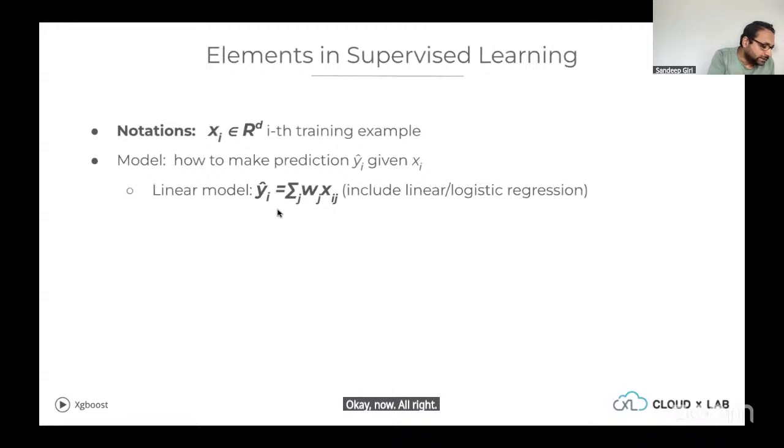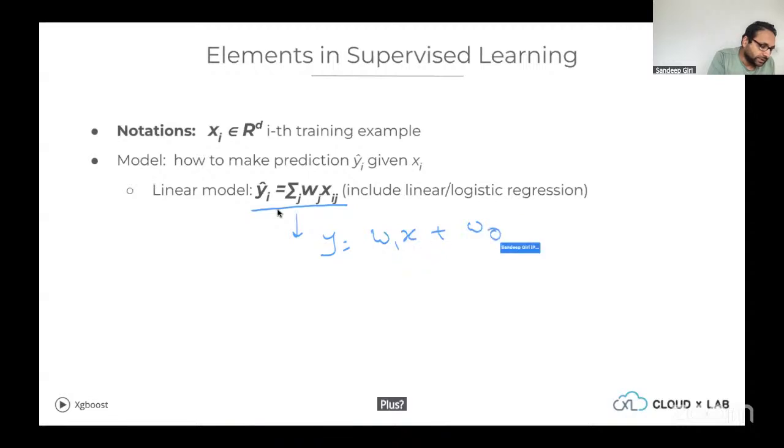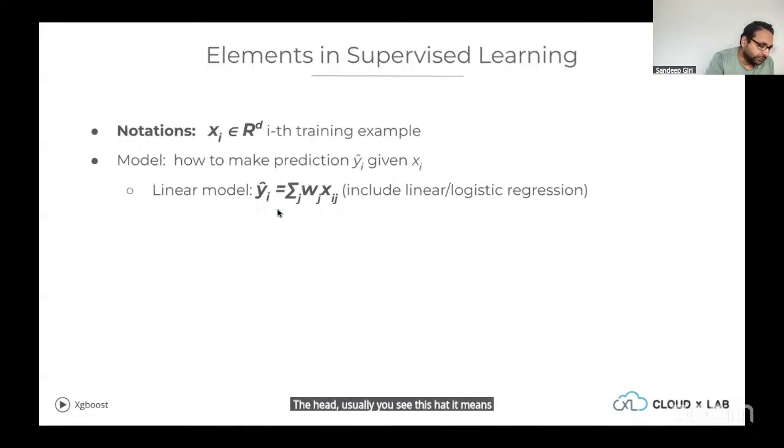So this may look a little more complex, but this is essentially y hat equal to w x plus b. The hat, usually you see this hat, it means that this is the predicted value, okay?